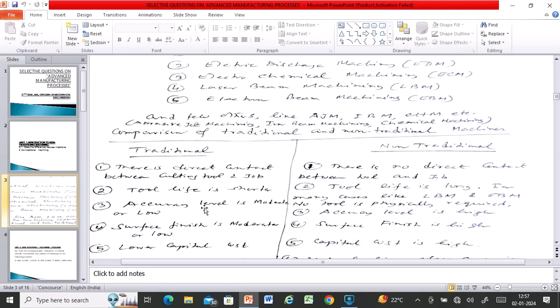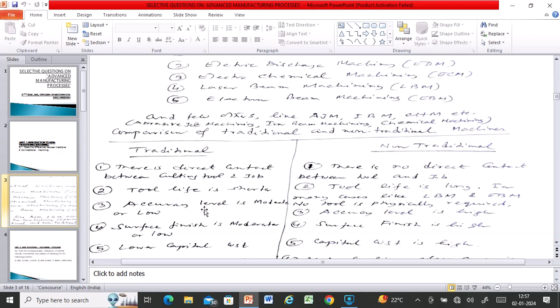In traditional machining, tool life is short. In non-traditional machining, tool life is long. In many cases, like LBM and EBM, no physical tool is required.